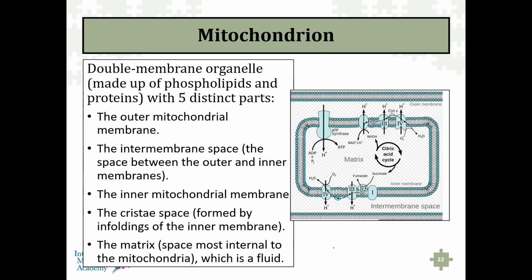We have the outer mitochondrial membrane, the inner membrane space, which is where we accumulate the protons after they've been pumped out of the matrix, the inner mitochondrial membrane, things called cristae, which I'll show you in a second, which are the infoldings of the inner mitochondrial membrane, and then the matrix, which is where our Krebs cycle exists.